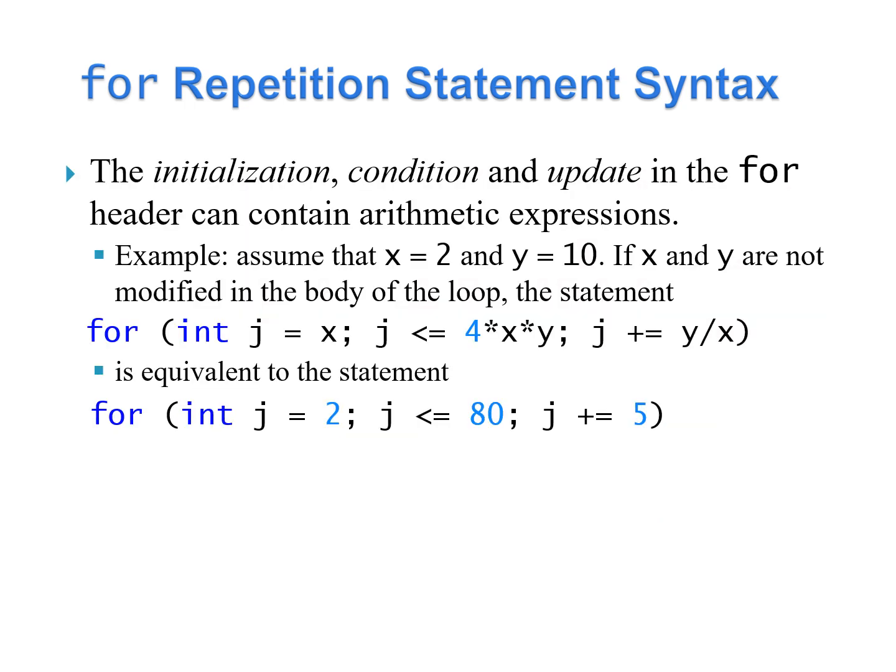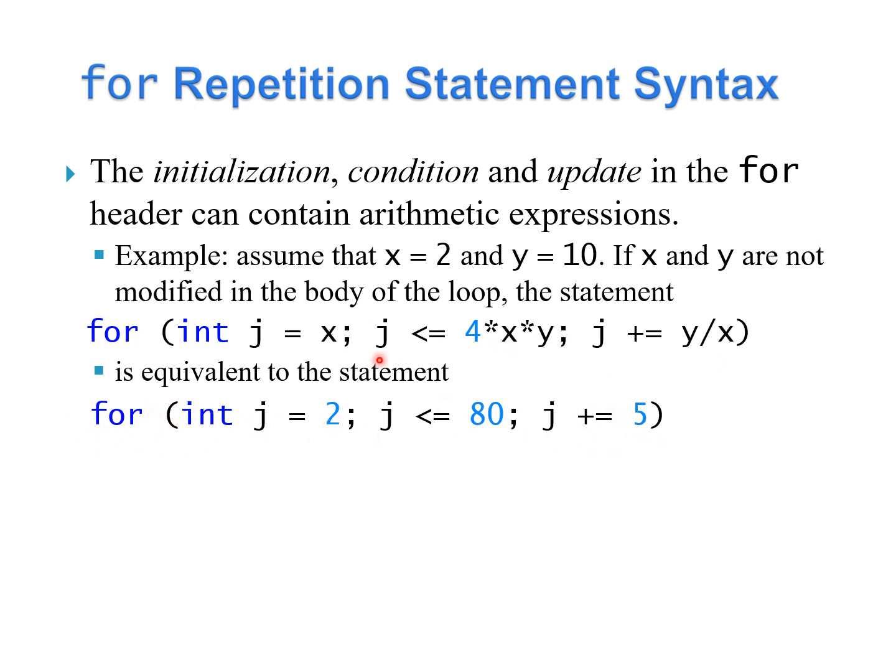Okay, so in the for statement syntax, the initialization, the condition, and also the update component in the for header can contain arithmetic expressions. It doesn't need to be just simple comparisons and simple assignments like this one. For example, assume that a variable x has been assigned the value 2 and variable y has been assigned the value 10. Then the first for loop here is equivalent to this second for loop.